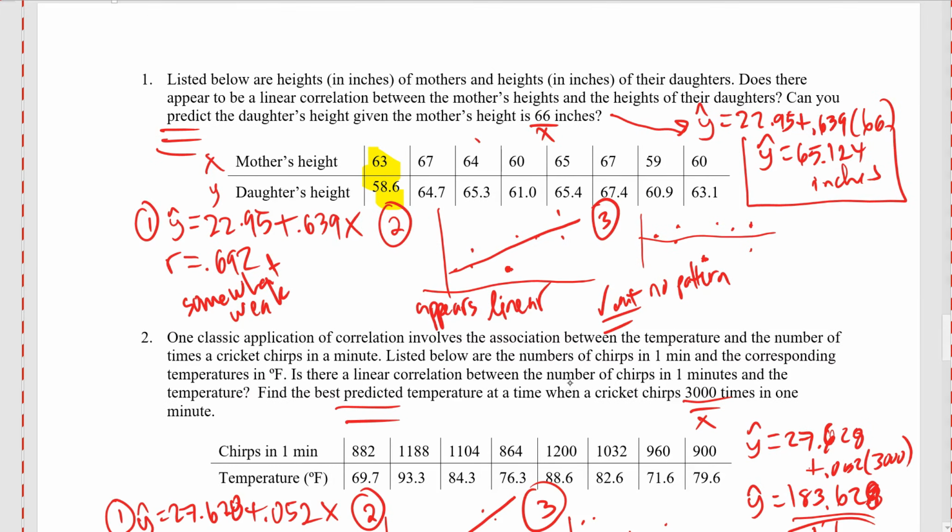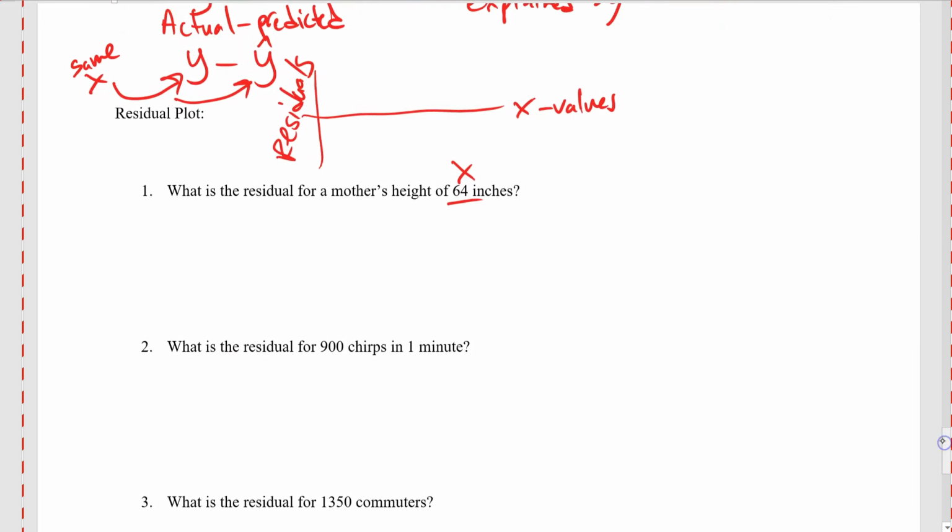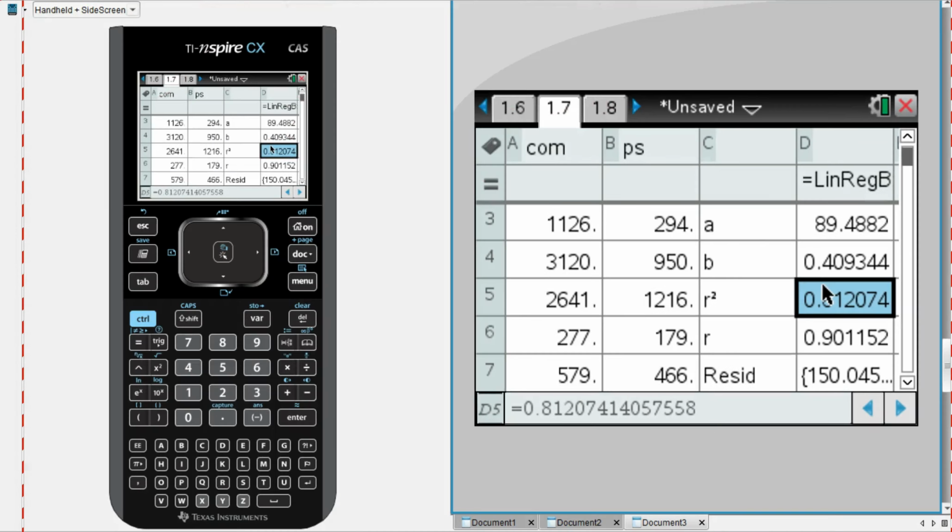That is the actual y. The 65.3 is what I will use for the actual, minus, how do I get the predicted? I plug the 64 into the least square regression for mother's height. So let's go back to the calculator real quick.